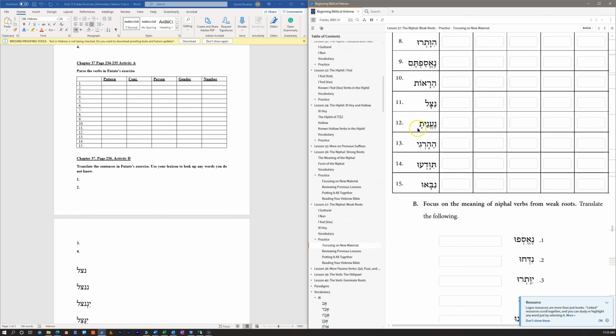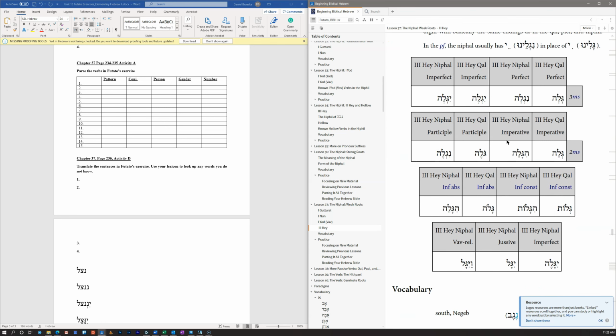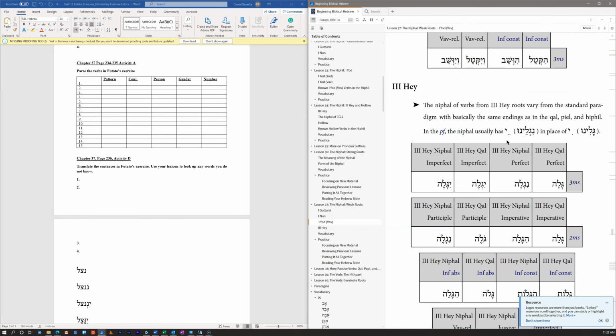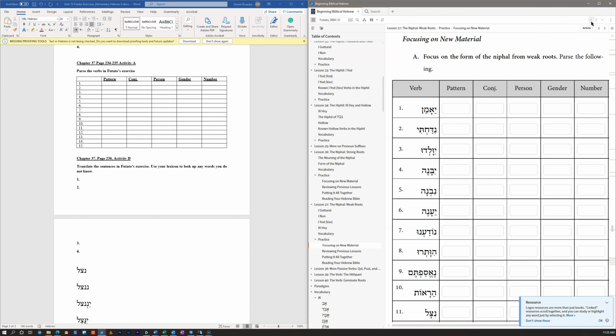Let's go back to that chapter. Yeah, I guess it's the... I guess in the third hey, instead of a Hireq-yod connecting vowel, you get... Well, man, is that right? Let me check another grammar real quick, see if it gives me a chart. Make sure that's not a typo. Let's see here.